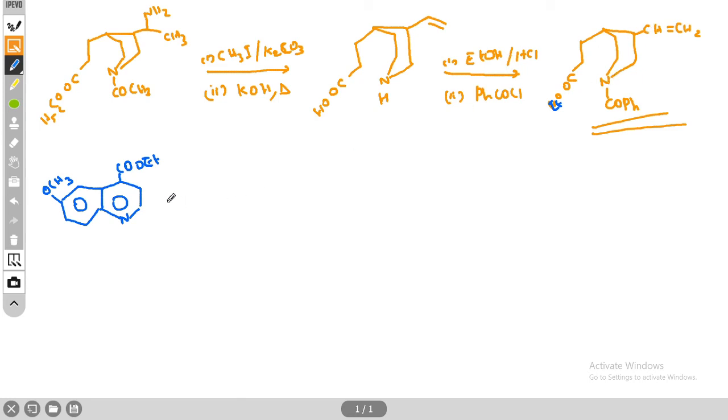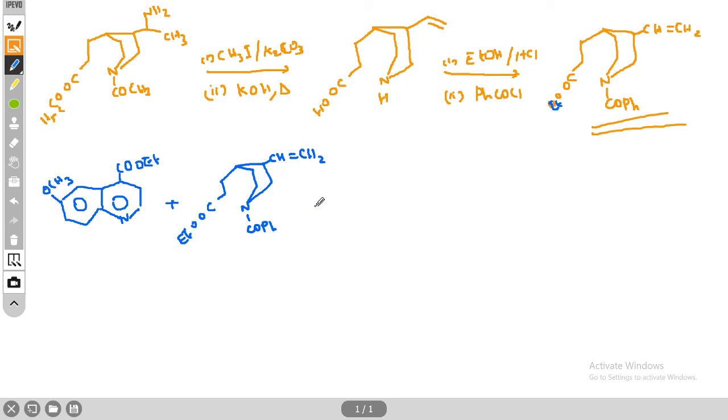Okay. So this compound will react with this one, that is COOEt, and again writing the structure above, COPh, CH=CH2.